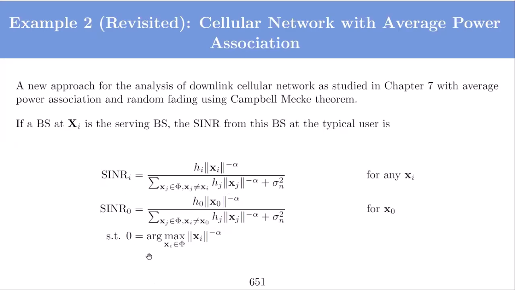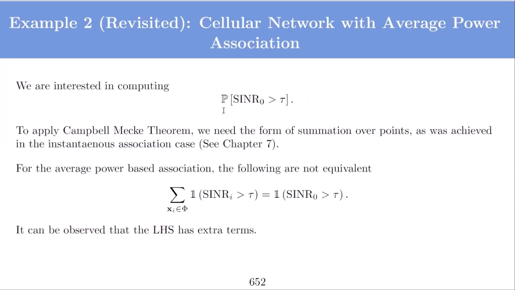And the serving base station, which is selected as the one which is closest, or which is maximizing the average power, we denote it by 0. The SNR from that is known as SNR 0. Now we are interested in computing the coverage probability from this serving base station: the probability that SNR 0 is more than tau.